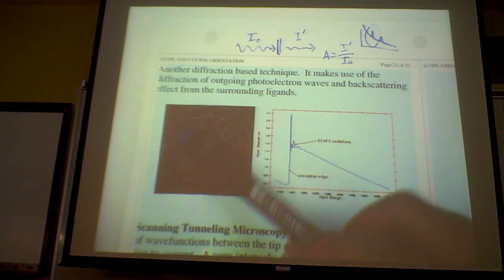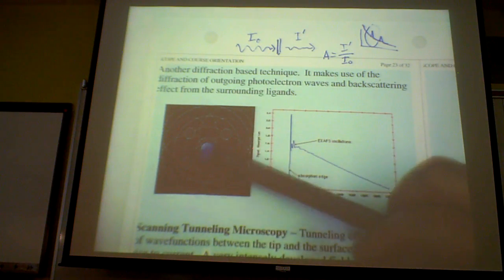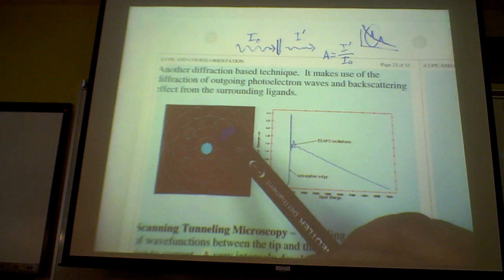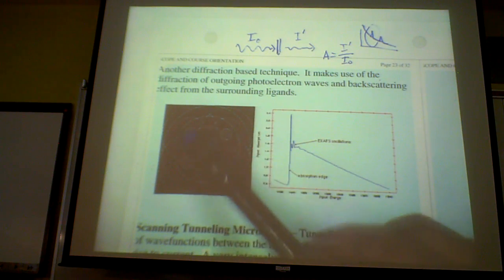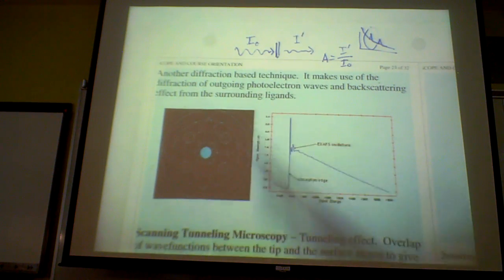So this little circle is meant to give you the idea of a spherical wave emanating from the absorbing atom. And when this spherical wave, electron wave, hits one of the neighboring atoms, it starts to bounce back, right? So it's sort of like water.